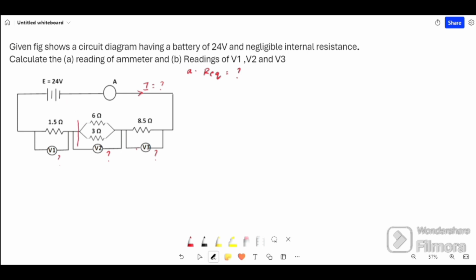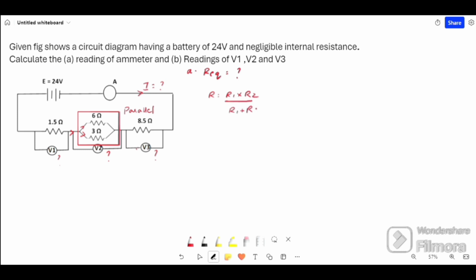We know that both the 6 ohm and 3 ohm resistors are connected in parallel because current will get split. So we will find the R equivalent of 6 ohm and 3 ohm. To find it, we know the formula R1 into R2 by R1 plus R2.